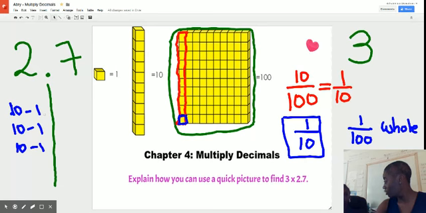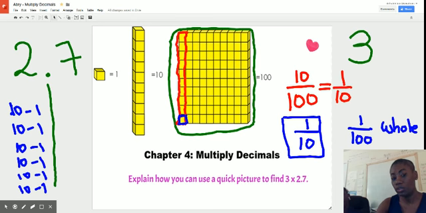So how many more do we need? 2 more? That will give us how many total? 6. 6 of them. So we know that this whole number of 2, which is in the ones column, represents 6 of these 3s that we are multiplying it by.